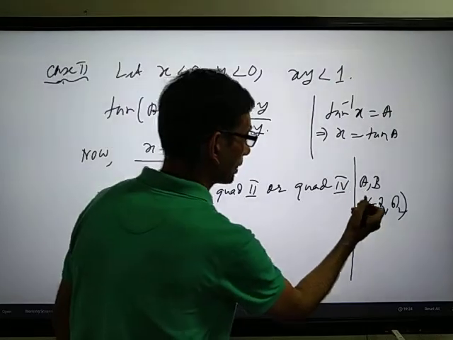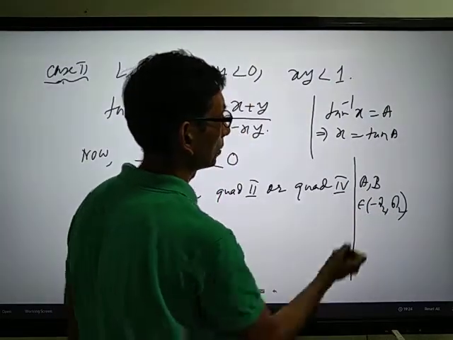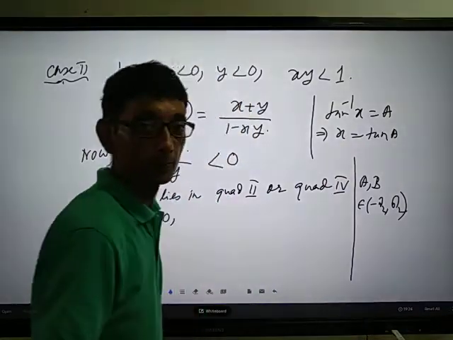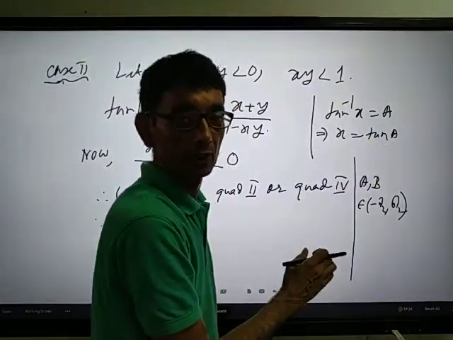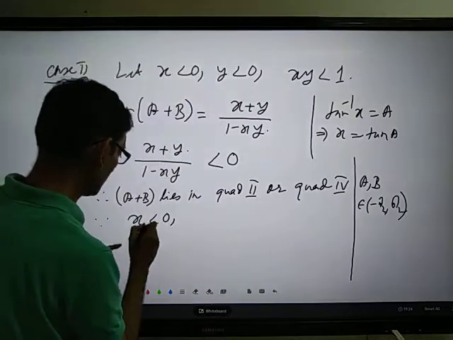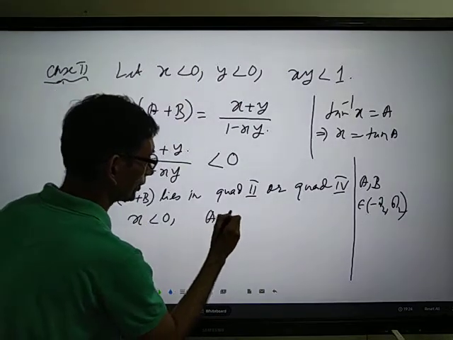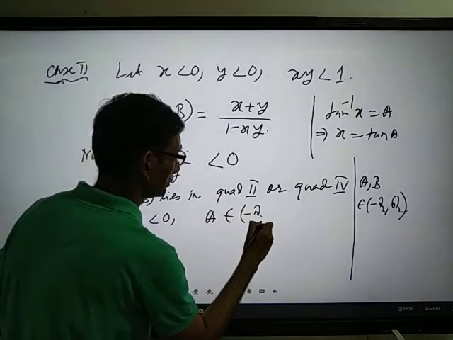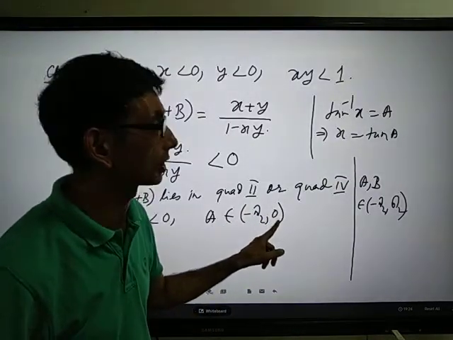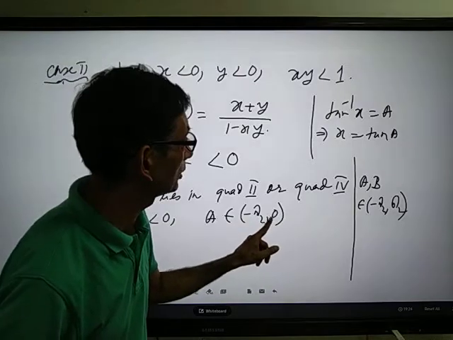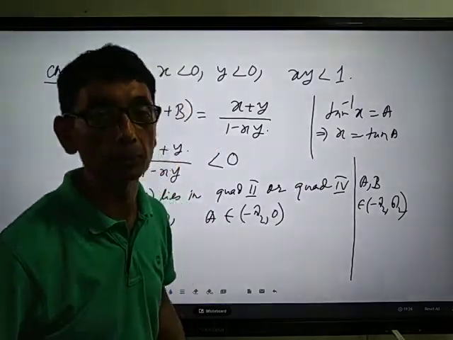Now since A lies between minus pi by 2 to pi by 2, what is the value of x? x is tan A. Here x is negative, so this tan is negative. Since x is less than 0, A obviously will lie between minus pi by 2 to 0. If A lies between minus pi by 2 to 0, then only this x will be negative.